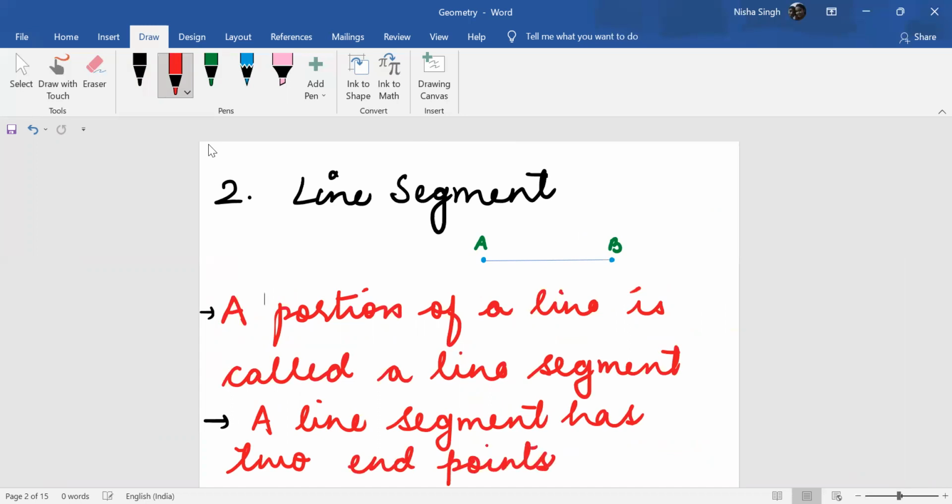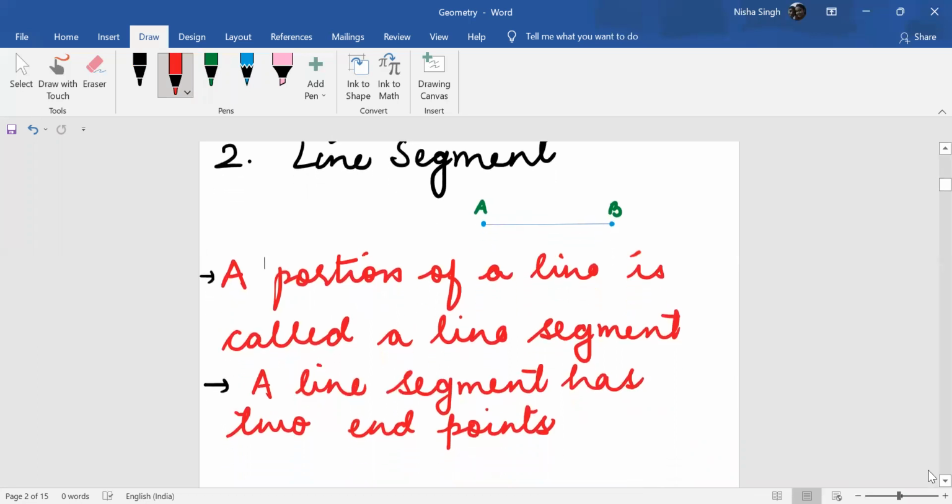Because it has been taken from a line. ये line में से एक portion लिया है जो आपने measure करके लिया हो. ठीक है, आपने एक पोर्शन लिया तो उसका पता है ना, आपने स्टार्टिंग पॉइंट और एंडिंग पॉइंट, you know the starting and ending point. That's why we are saying that it has two endpoints. Okay, let's say A and B are endpoints. In this line segment, A and B are two endpoints.